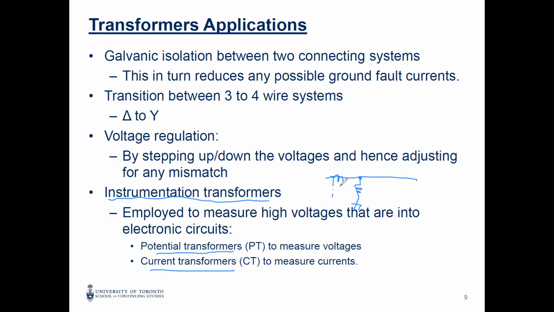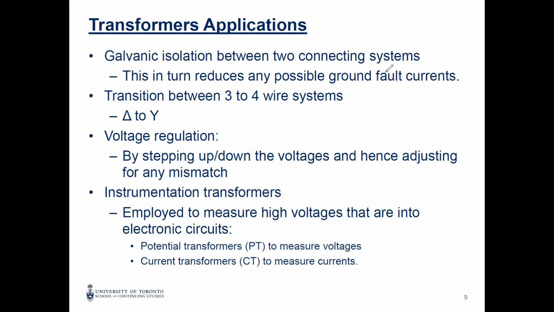So we go to lower voltage. For example, if you want to have electronics, you can use lower voltage. You cannot use the 500 kV directly in the electronics. And this can go to the relay, which is connected to the circuit breaker, for example. Okay, these are just the applications of the transformer.